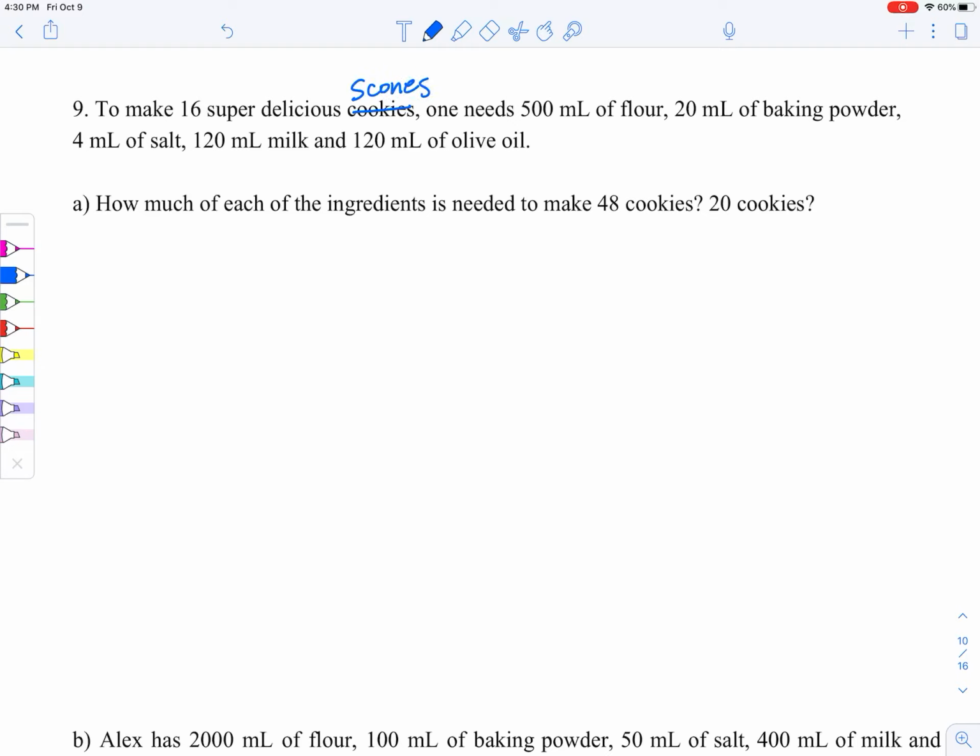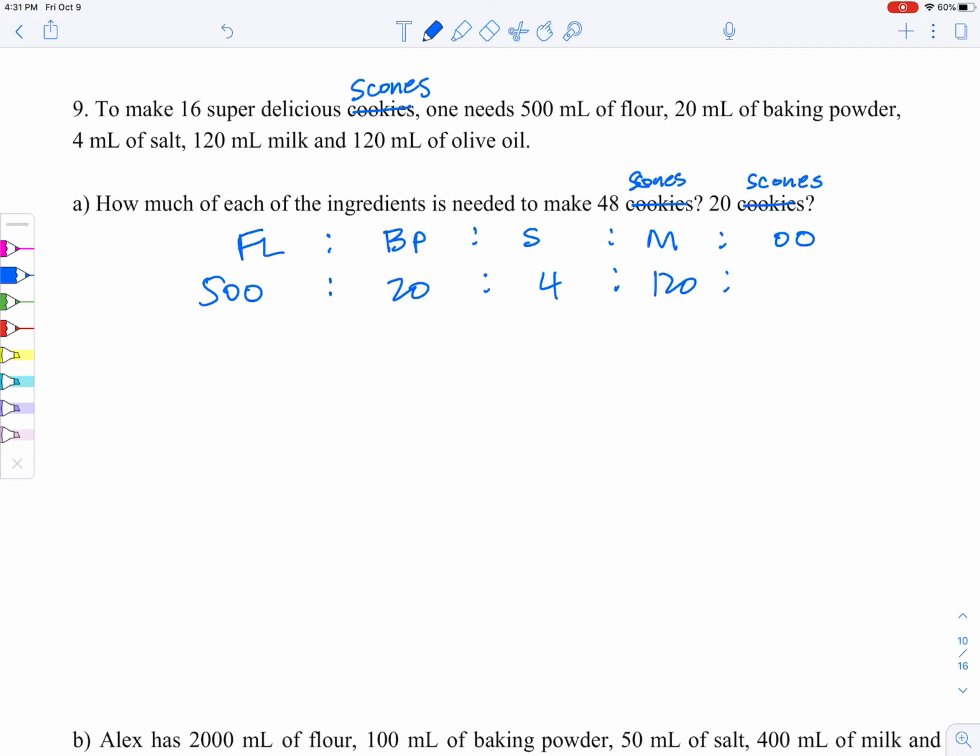How much of the ingredients are needed to make 48 of them and then to make 20 of them? So we've got flour to baking powder to salt to milk to olive oil is 500 to 20 to 4 to 120 and then again 120.